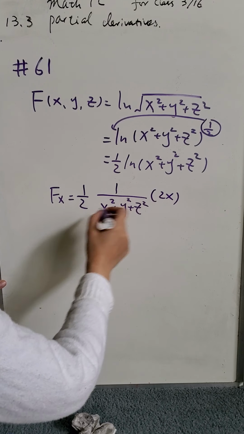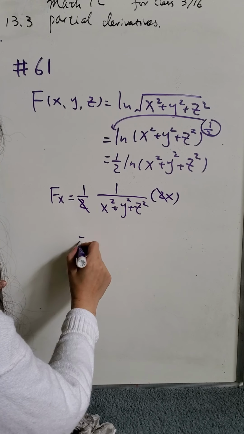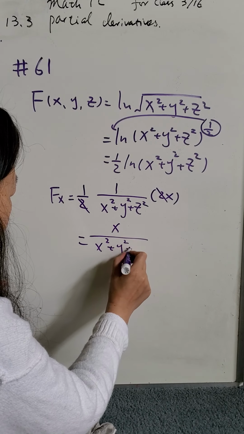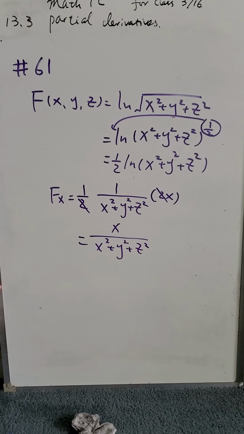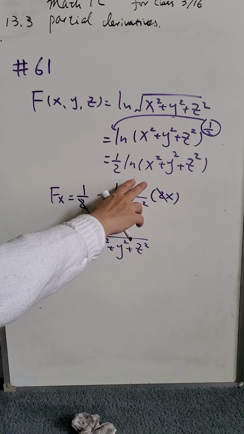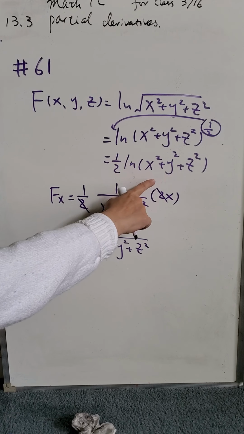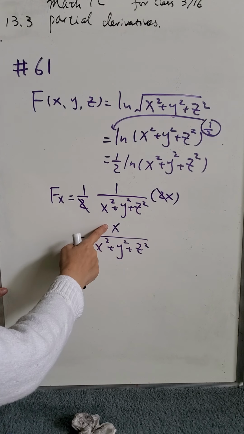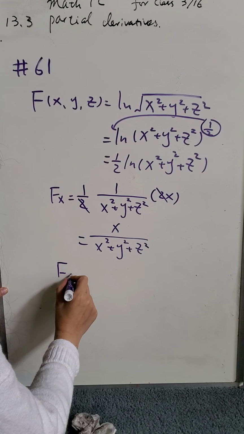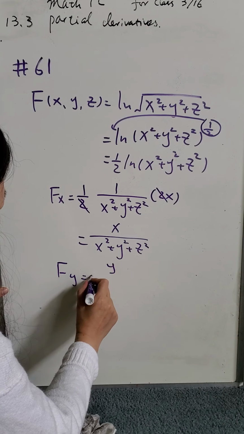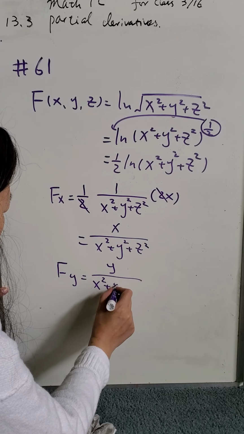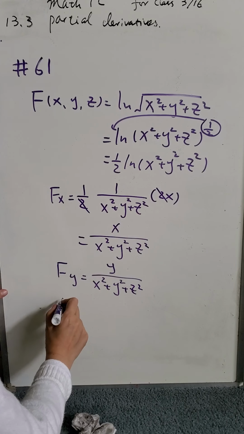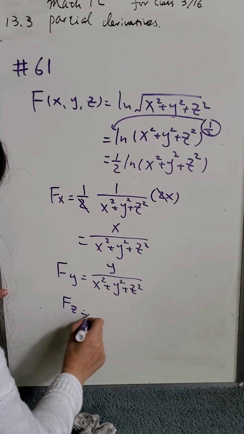So just 2x, and then reduce the 2. And that's your answer for fx. For fy, if you look at the pattern of the problem, your fy will be the same answer as that, except this is a y. And then your fz will be the same answer also, except this is a z here.